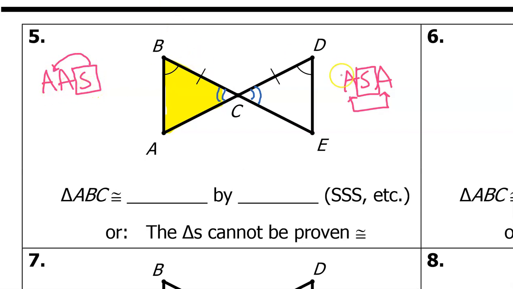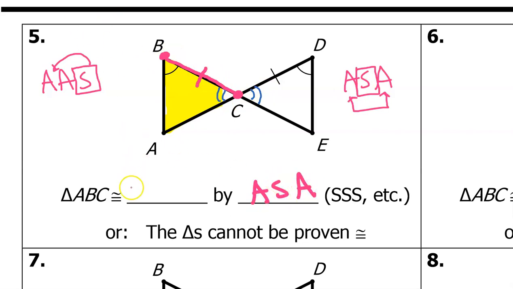So which is it? All right, let's look at these two angles. So here's one angle, here's the other angle. If I connect those dots, that tells me the side that's between the two angles. So is that the side that's marked? Yes, it is. So the side is between the two angles, which makes this angle-side-angle.